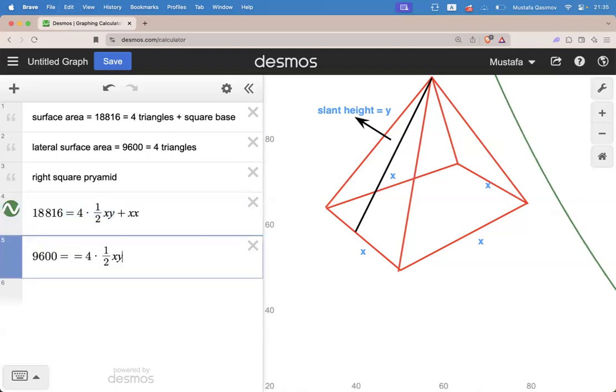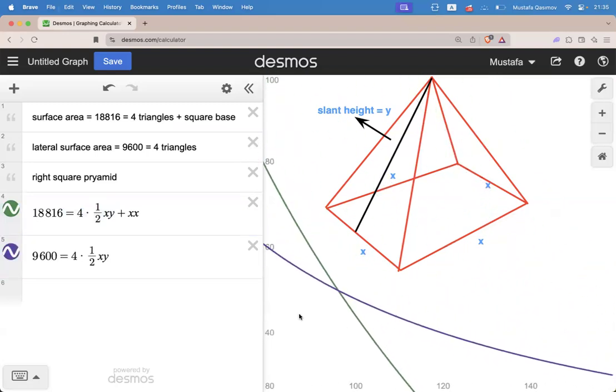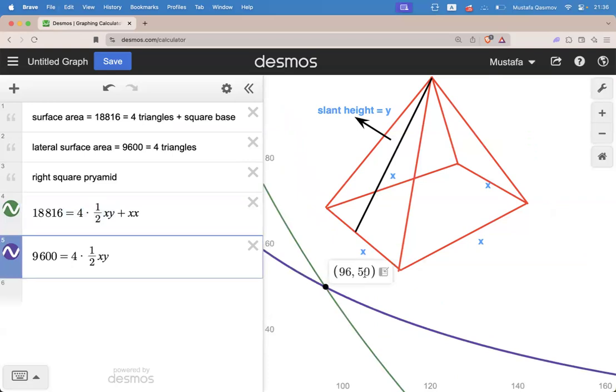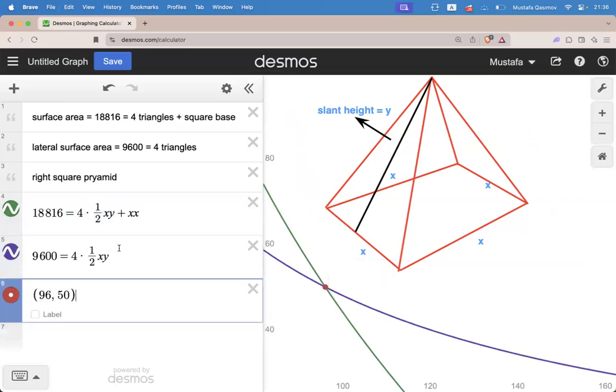Okay, do you have any question until here? No question. Okay. So it means that slant height is equal to 50. And x is equal to 96.